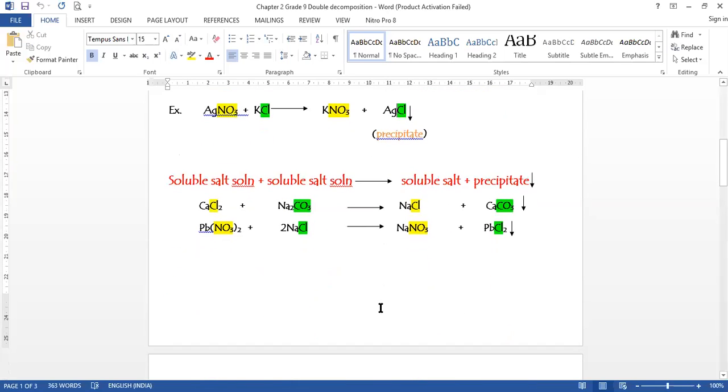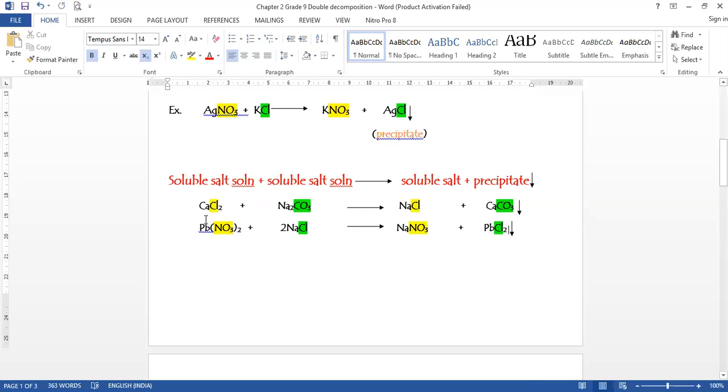Other examples are given to you. We can see that they are taking soluble salt solutions, and we are getting one soluble salt as a product along with a precipitate. Precipitates are always denoted by a downward arrow, so it's okay even if you don't write that in the reaction. It is just for you to know that precipitates are represented by a downward arrow.